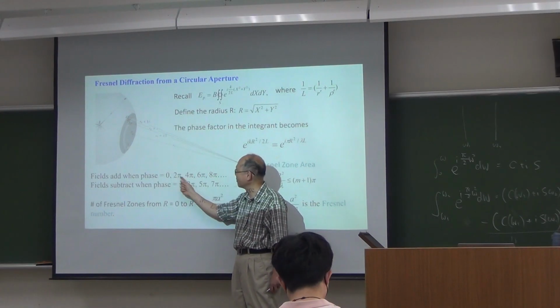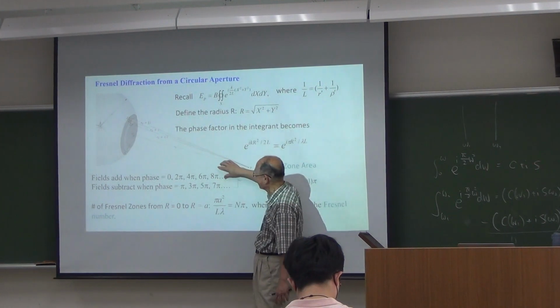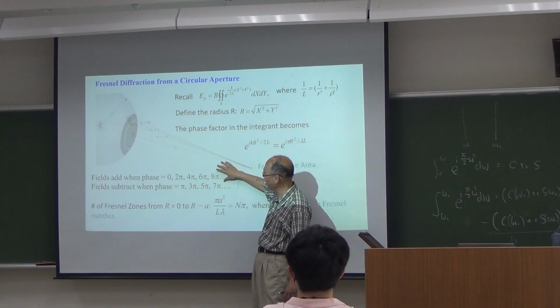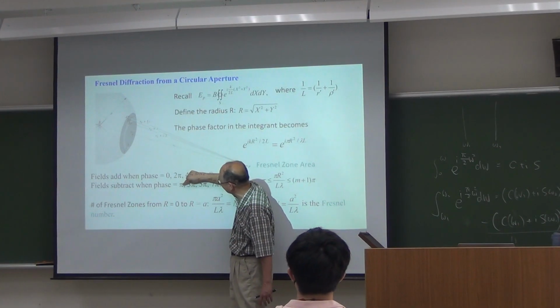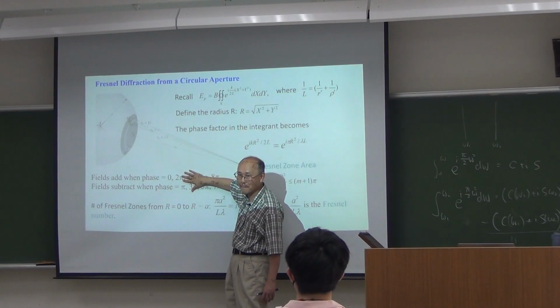So if you just block these Fresnel zones, then you get a bright spot from this constructive interference. But if you just include this zone and this zone, it's going to give you a dark spot.